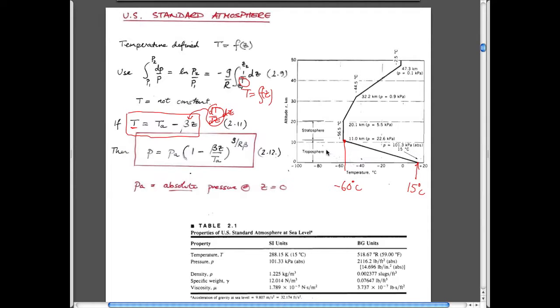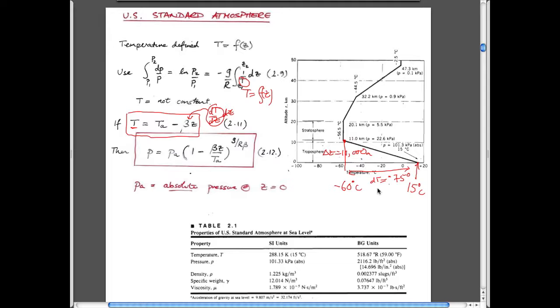The elevation change, delta z, is equal to 10,000 meters, and the temperature change, dT, is equal to minus 75 degrees Kelvin or centigrade. Divide one by the other, and you've got your beta value, which we just used.